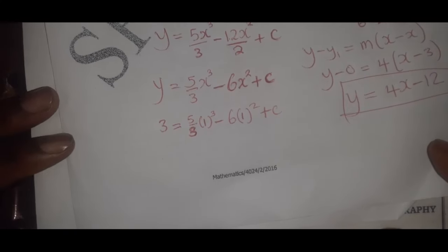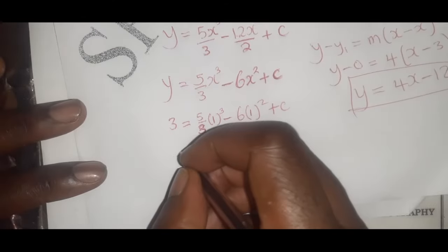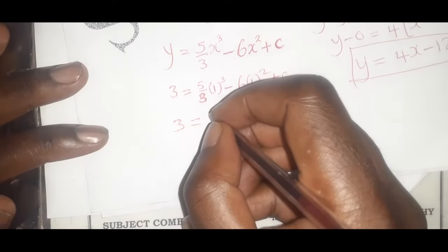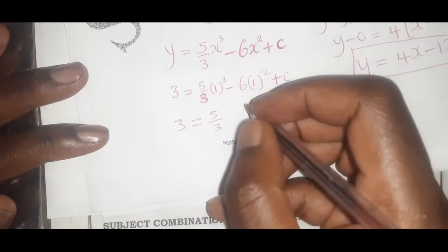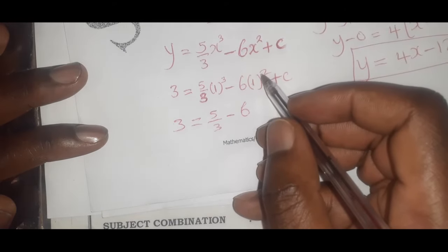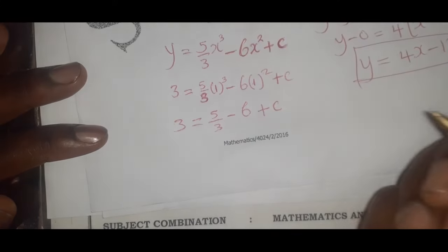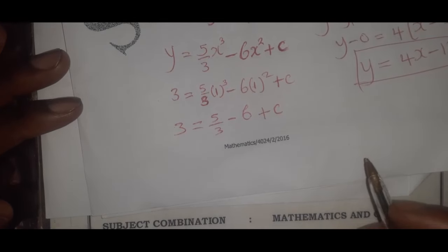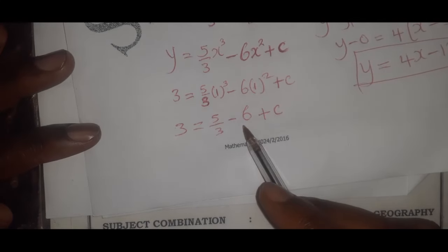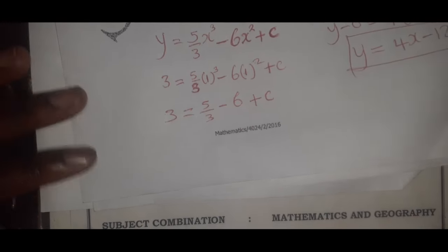So we're going to simplify this now. So this is going to give us 3 is equals to 5 over 3 minus 6. I'm sure you know that this is going to be 1, so it won't change anything. The same thing here, even here. Okay. So we want to find the value of c. So how do we find the value of c?